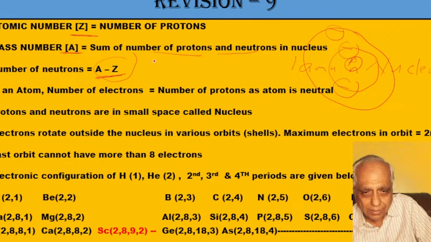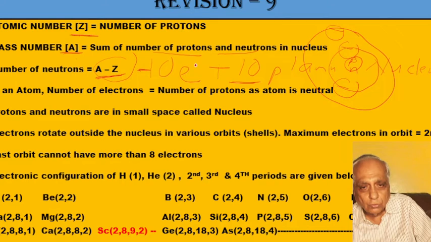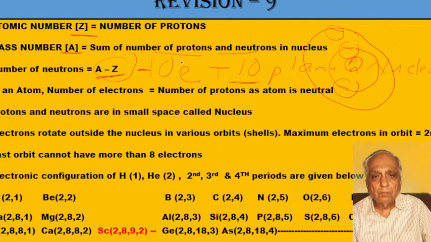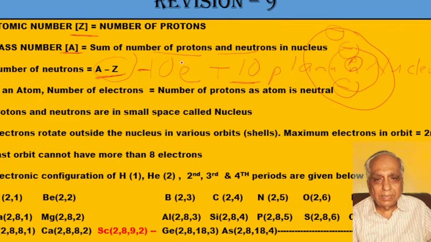If there are 10 electrons, the charge is minus 10. To compensate for this minus 10 and get 0, I should have plus 10, which is the charge of 10 protons. So the number of electrons is equal to the number of protons, as the atom as a whole is neutral. Its total charge should be 0, and the charge of an electron is equal to the charge of a proton. Is it all right?